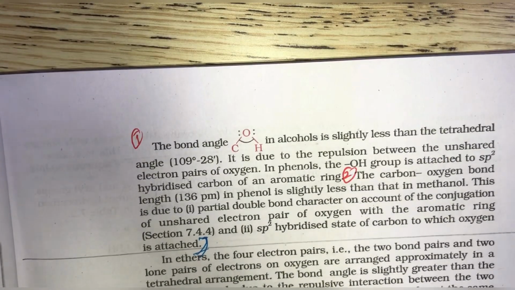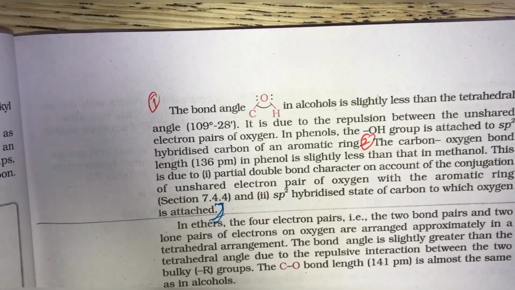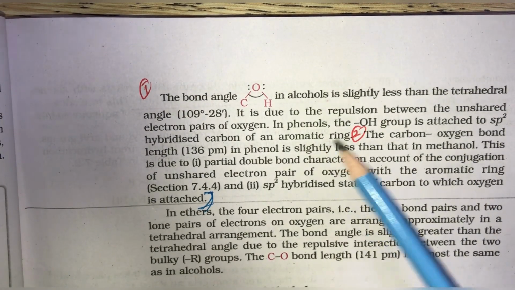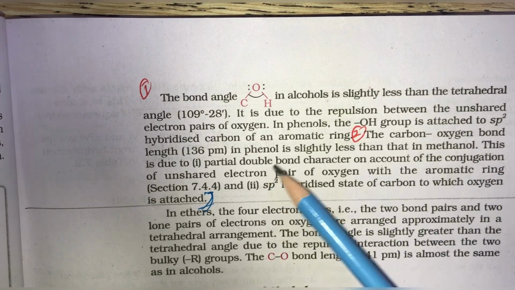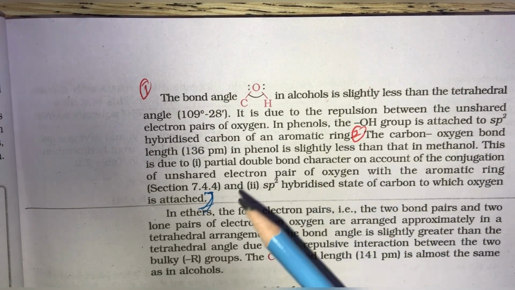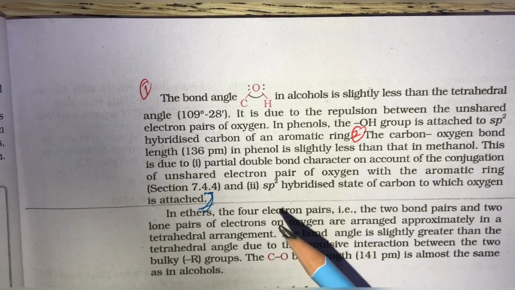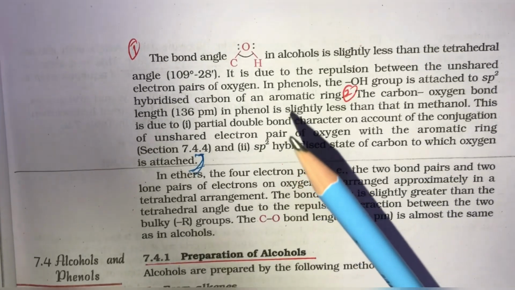So here is the example: the bond angle in aliphatic alcohol is slightly less than the tetrahedral angle in the case of methane, due to the repulsion between the unshared pairs of electrons present on the oxygen of the hydroxyl group. In phenol, the OH group is attached directly to the carbon of the aromatic ring.